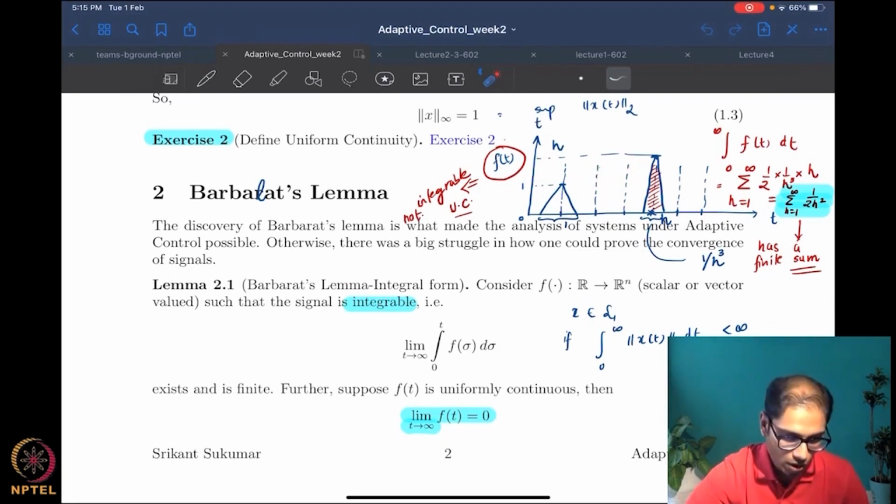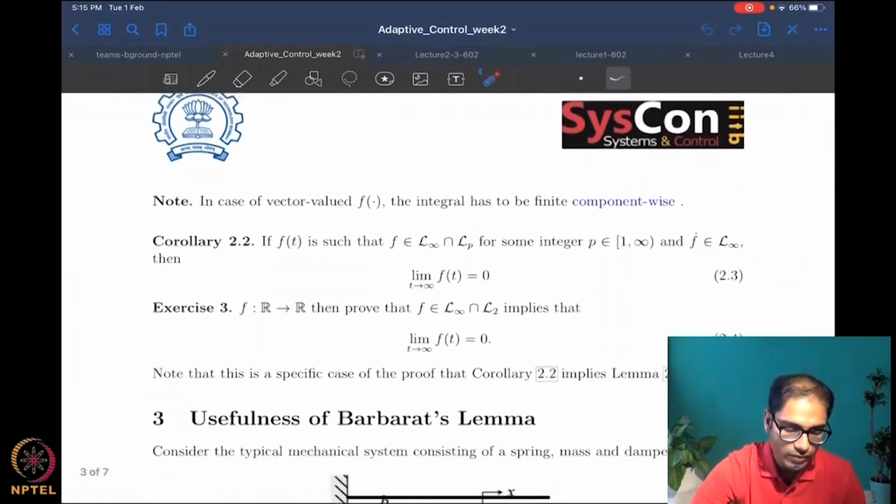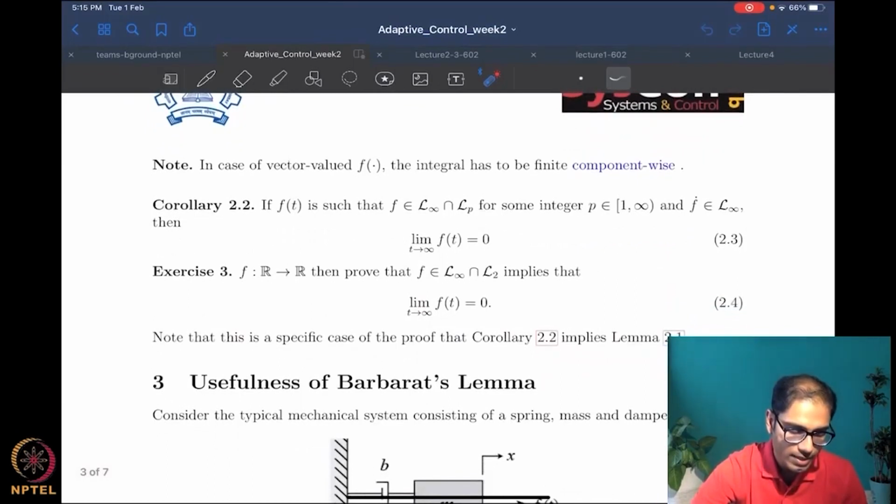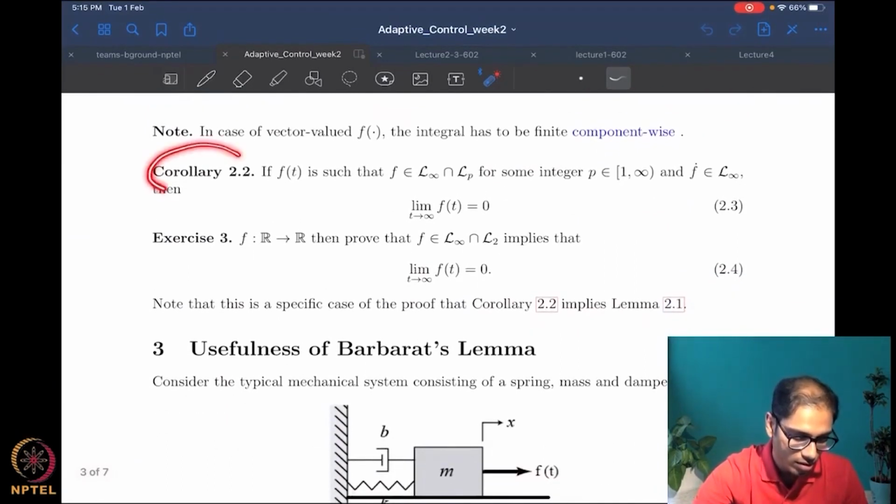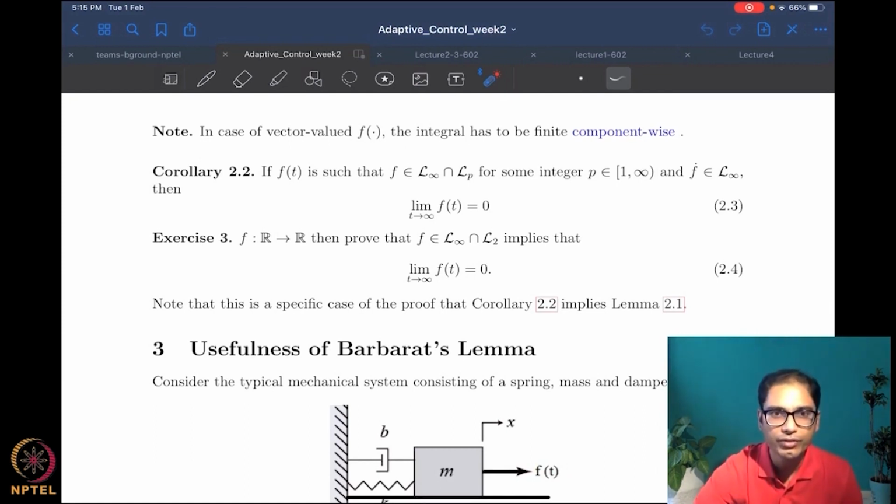Moving on, we will look at a corollary of this. We want to look at a slightly simpler looking condition, a more concise statement, but still remember this is a corollary. What does it say?